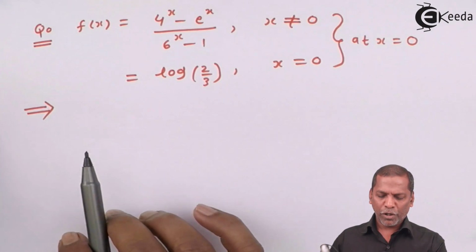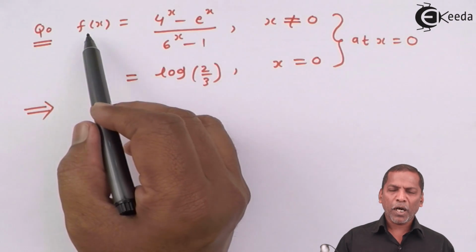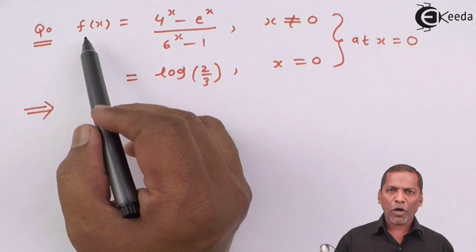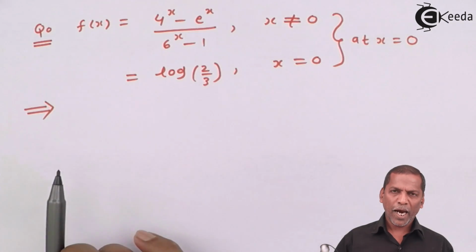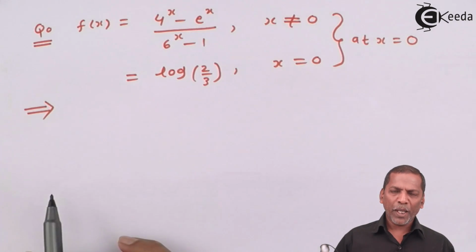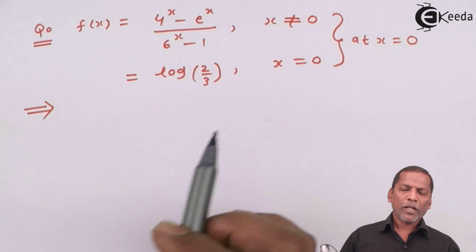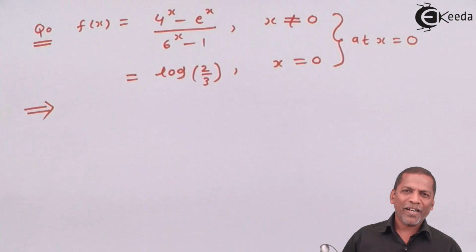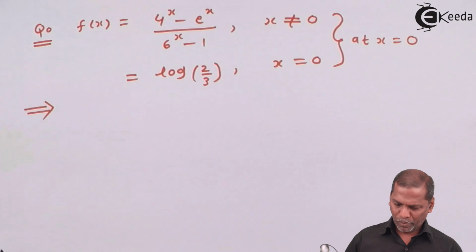So in this question, we have to check whether the given function f of x is continuous or not at x equal to 0. And secondly, if it is discontinuous at x equal to 0, then whether the discontinuity is removable or not. Now let's see the solution.